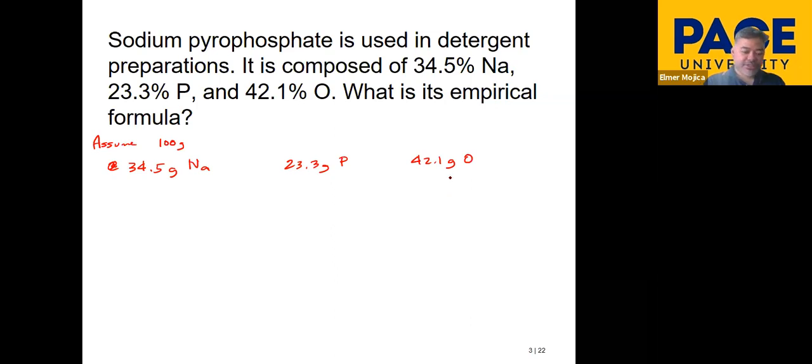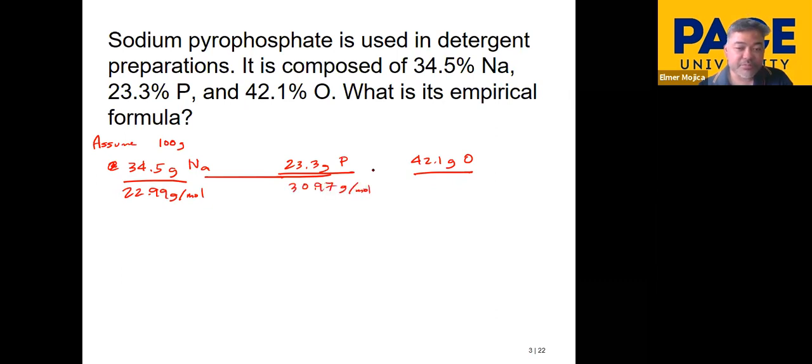Now, once they're in grams, you're going to convert them to moles. So you can divide them with the respective atomic mass. So this one, we could put 22.99 grams per mole of sodium. This one, you can do it with 30.97 grams per mole of phosphorus. And this one is 16.00 grams per mole.